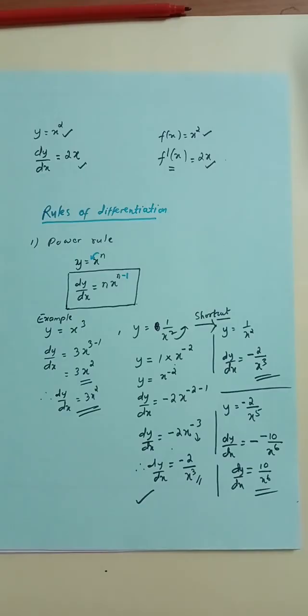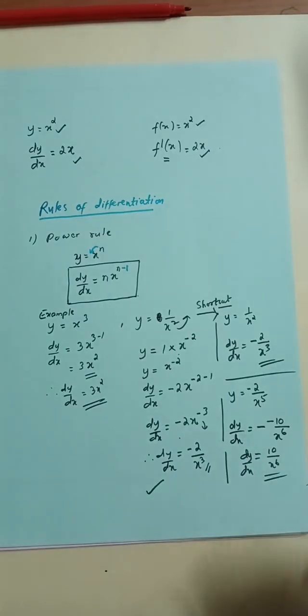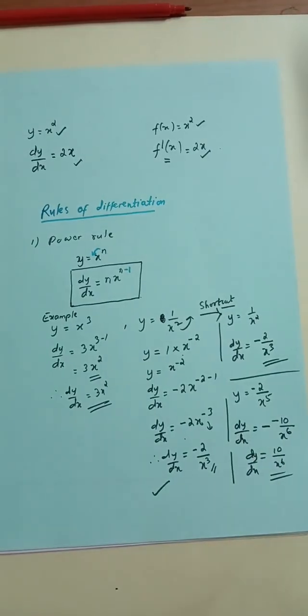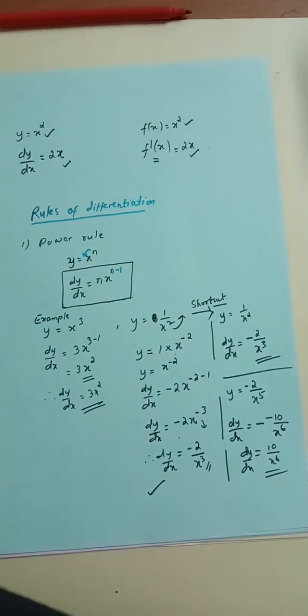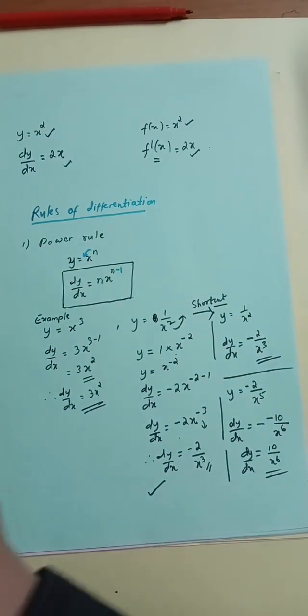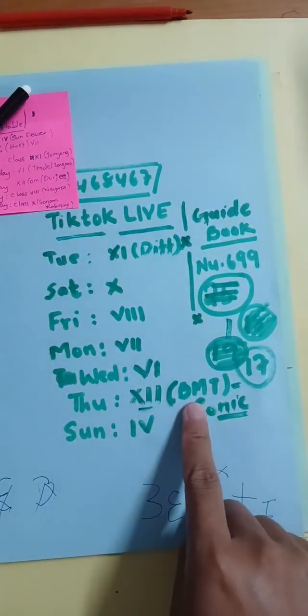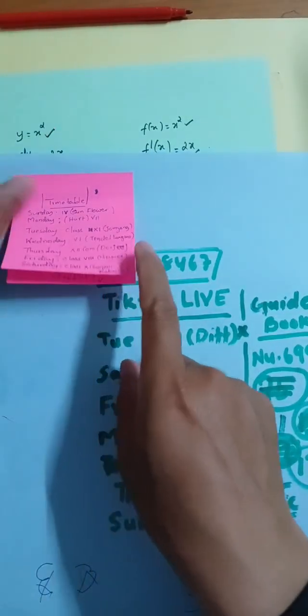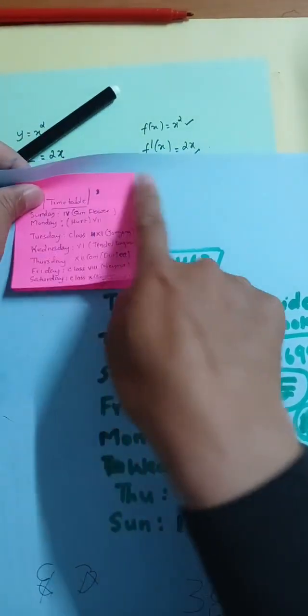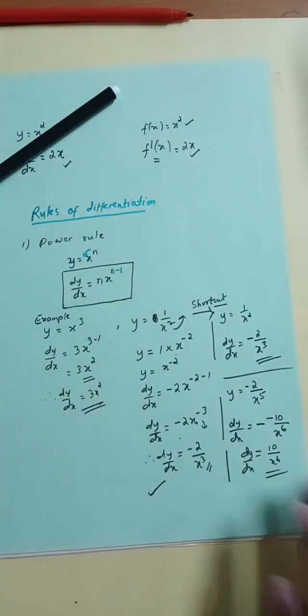That is for class 12. About the BMT booking: nobody booked PMT, so book for BMT. Check the BMT timetable, on Thursday BMT is booked, and Dorji has booked for it.